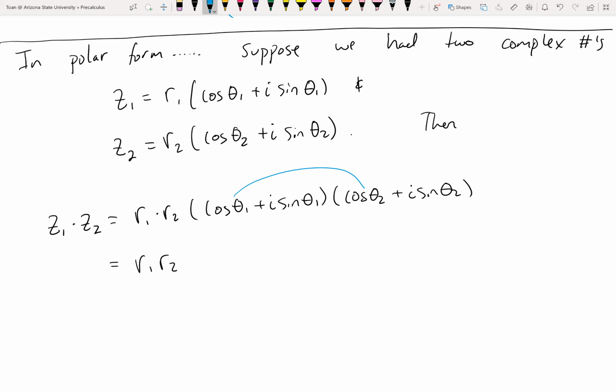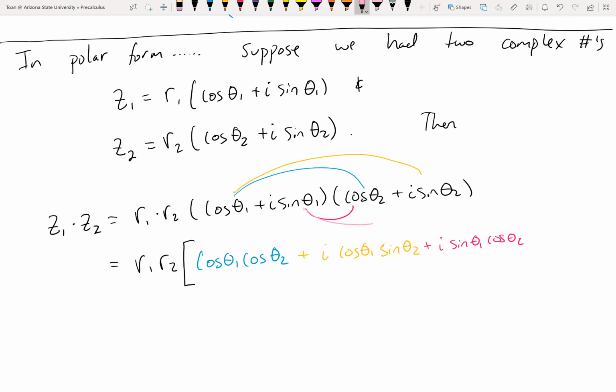So that's cosine theta sub 1, cosine theta sub 2, and this will be a plus I cosine theta sub 1, sine theta sub 2, that's a plus I sine theta sub 1, cosine theta sub 2, and then plus I squared sine theta sub 1, sine theta sub 2.